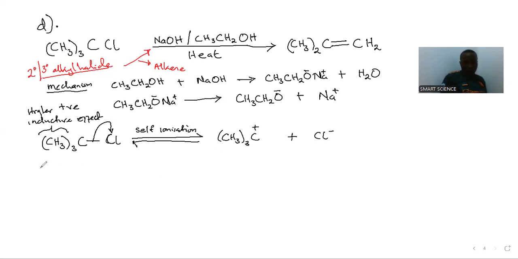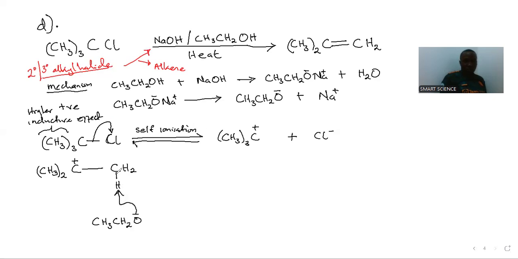Now this one, I'll try to break it a little. CH3, I'll remain with 2. My carbon, which is positive, single bond to another carbon that has 3 hydrogens. I'll split them and bring the electron-rich species to attack the hydrogen.